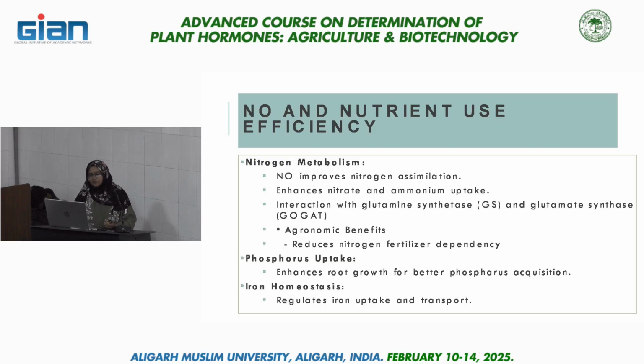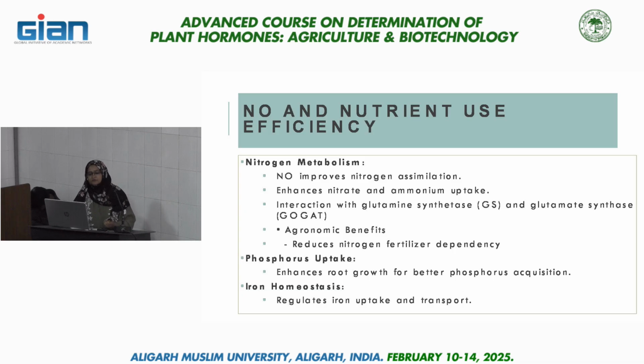First, NO enhances nitrogen uptake and assimilation by modulating the activity of nitrate reductase and glutamine synthetase, which are the two main enzymes of the nitrogen metabolism pathway, and S-nitrosylation of NR increases the nitrate reduction to nitrite and promotes nitrogen metabolism, which is one of the crucial steps for nitrogen assimilation in plants.